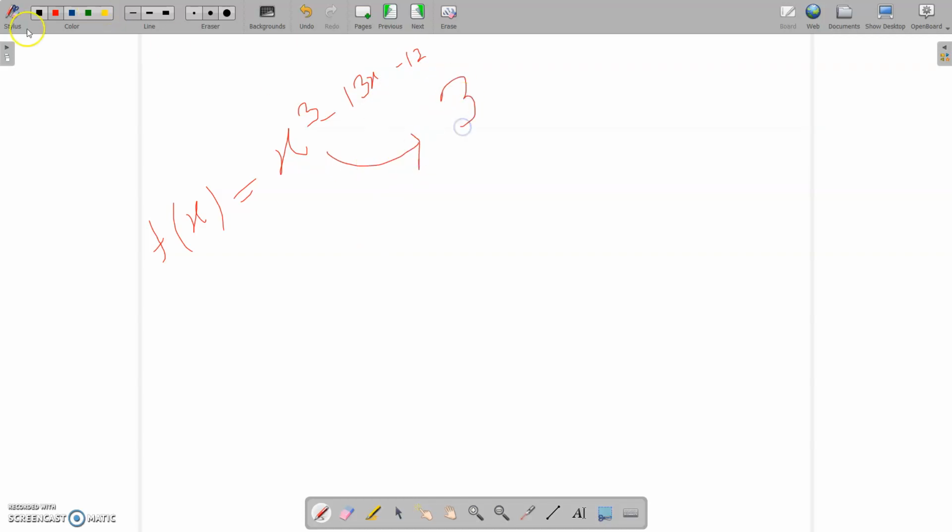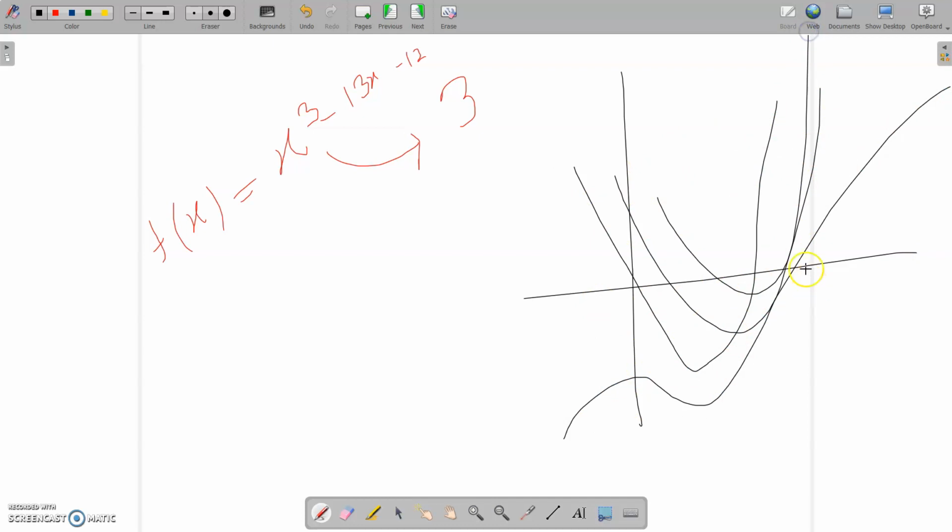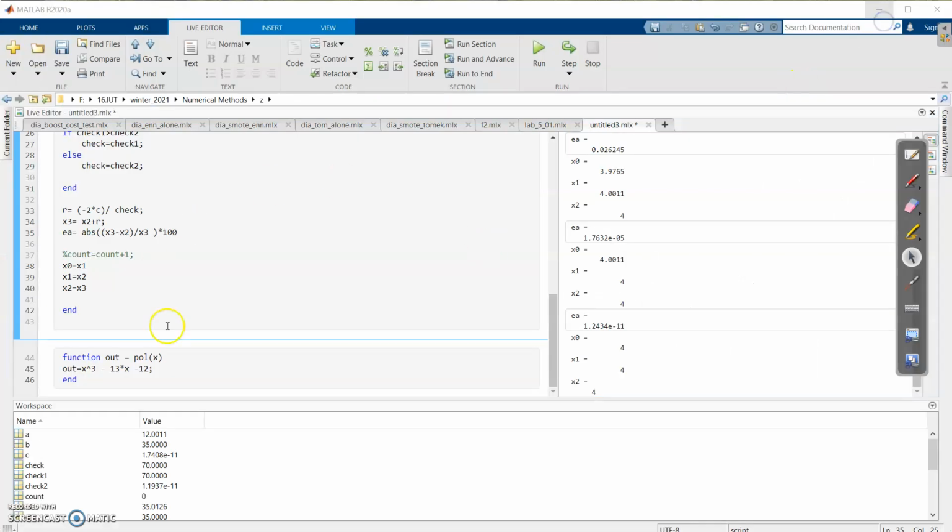From this curve, whatever the curve shape was, as I was assuming this kind of parabola like this, I was homing in on this portion, and from this we have found that 4 is one of the roots of this equation, and it has 2 more roots. So using this iteration, I have been able to find one root.